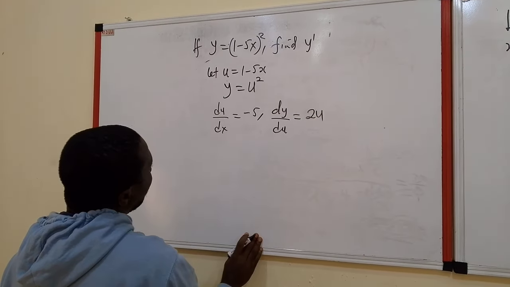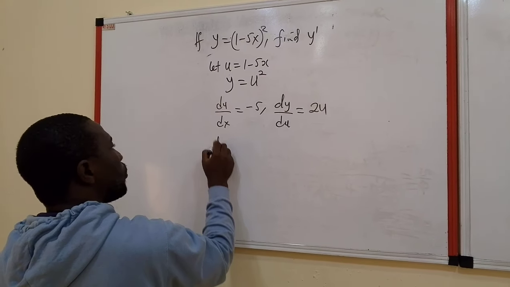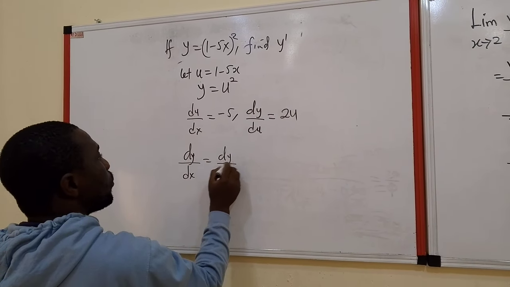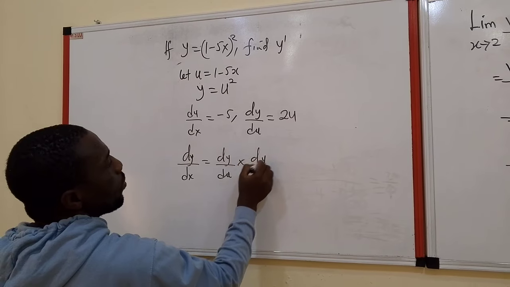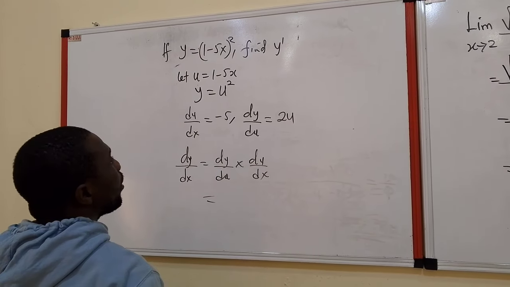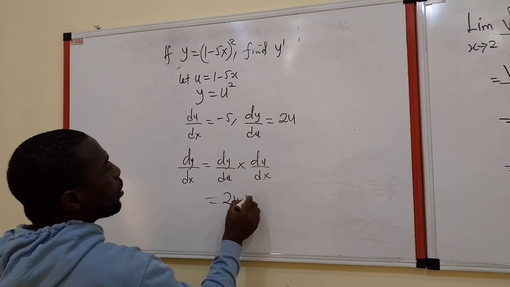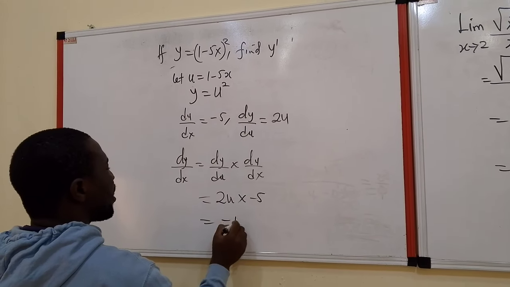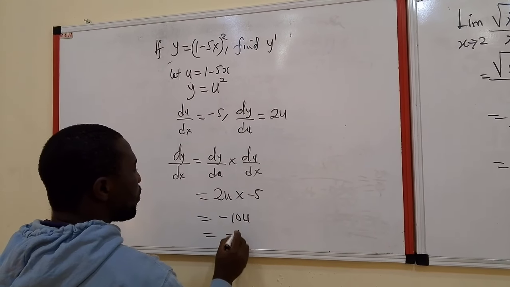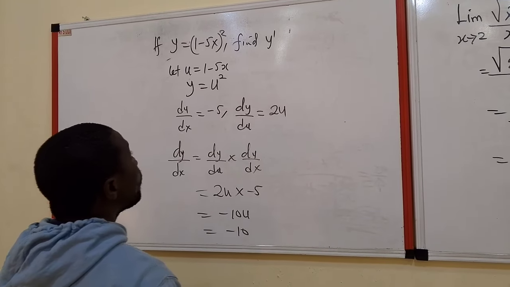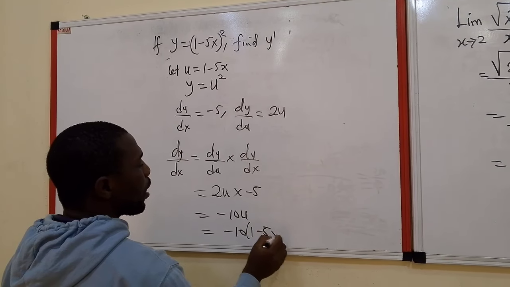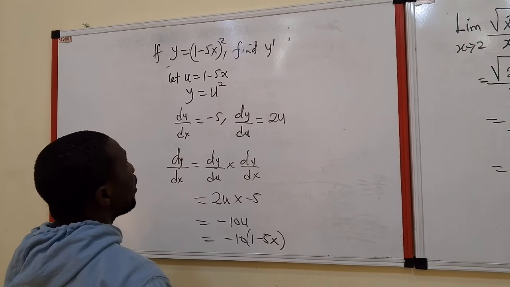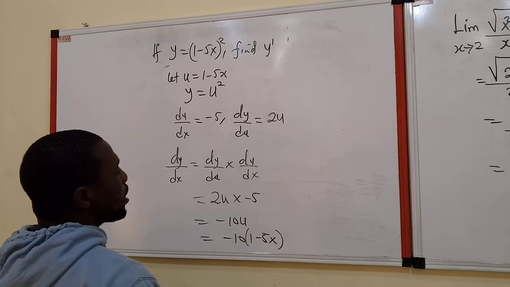Now we apply chain rule. The dy over dx now is dy over du times du over dx. The dy over du now is 2u times du over dx now is minus 5. Minus 5 times 2 is minus 10u. What's my u? U is 1 minus 5x. Minus 10 into 1 minus 5x. This is my final answer.